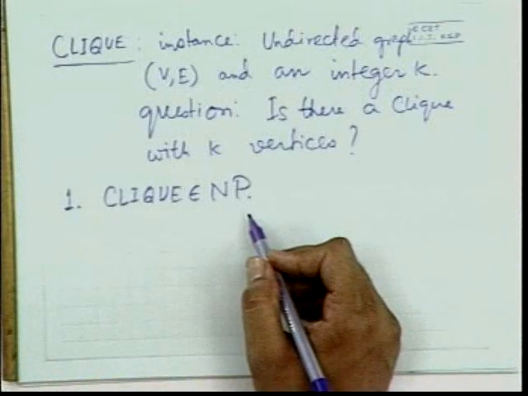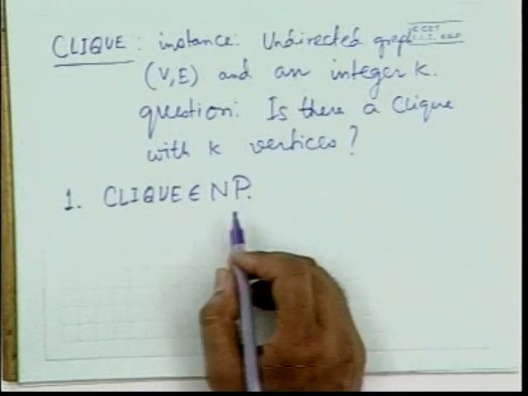If the graph is represented in adjacency matrix form, it takes only order 1 time per edge. Even if it is not represented with an adjacency matrix, it takes at most order n plus e time. So anyway, it is polynomial. So given a clique, you can verify in polynomial time whether it is a clique in the graph. That means the clique problem is in NP.